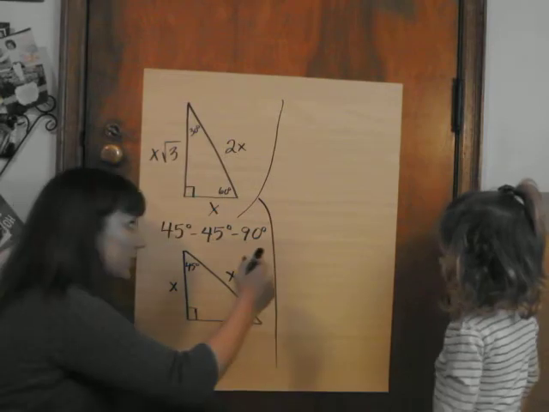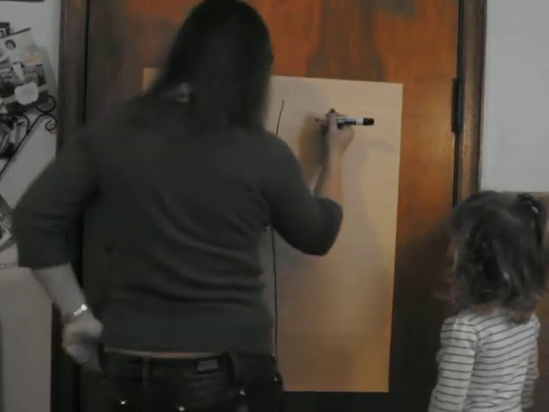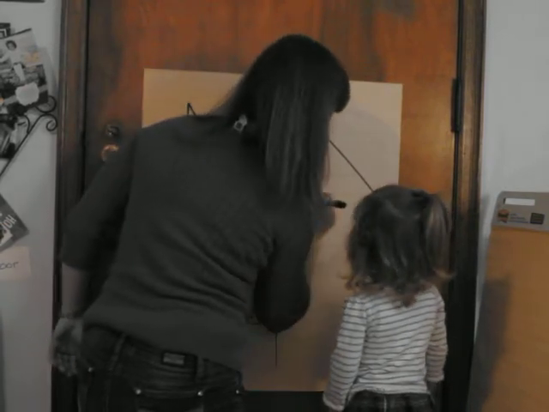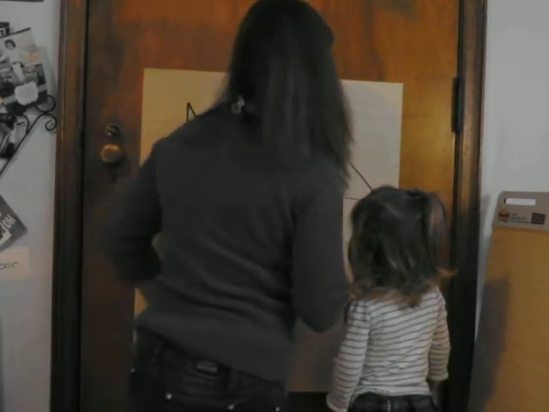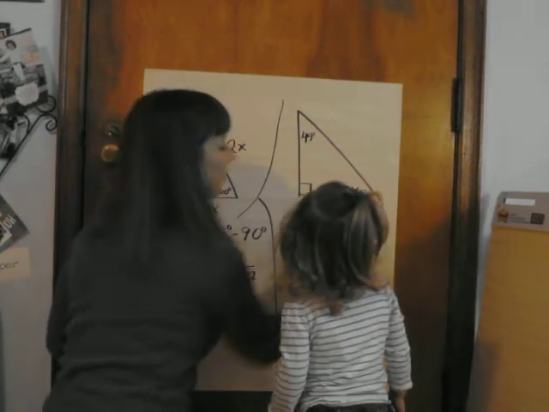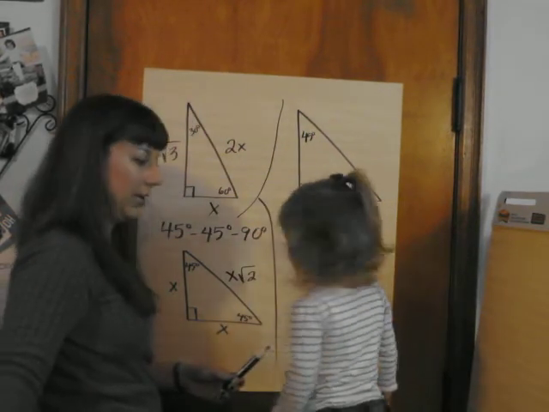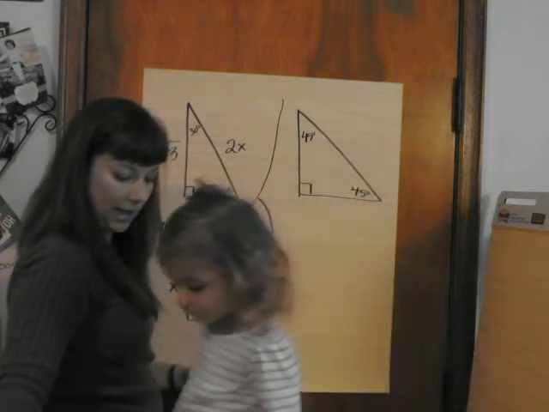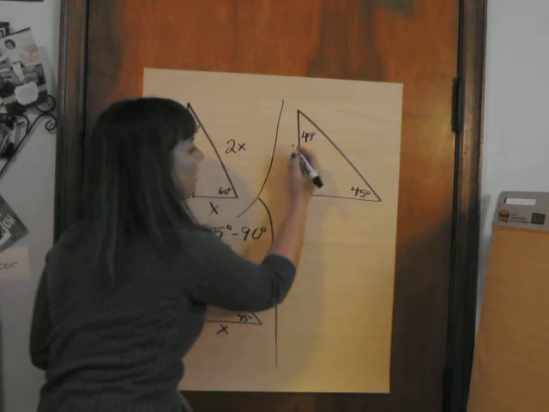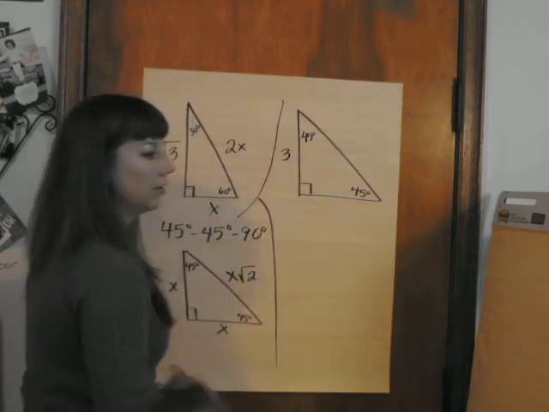Okay, so for some examples, we can get a variety of things as our answer, or to work with. So let's say we get that the side across from one of the 45 degree angles, the side across from 45, let's say they give us 3. Okay?